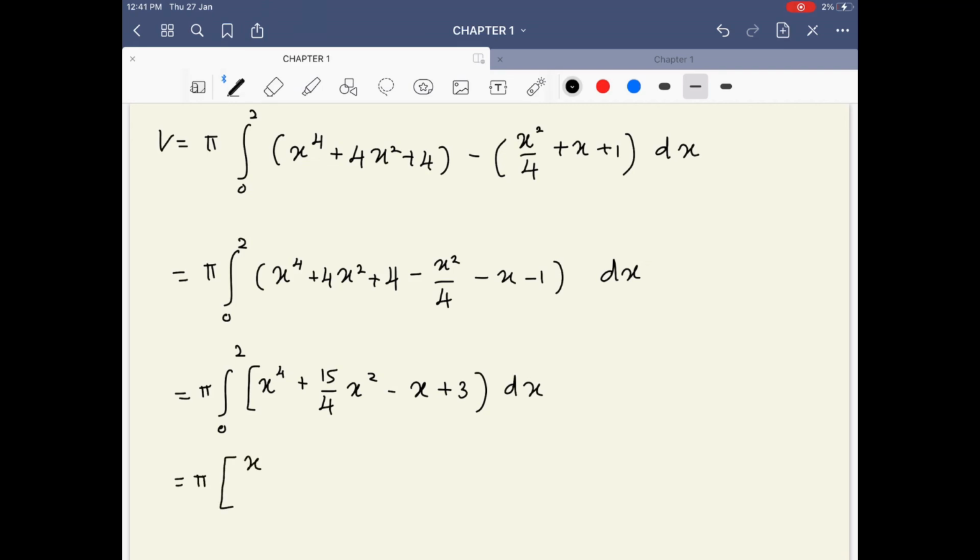And then after that we have pi times x to the power of 5 over 5 plus 15x cubed over 12 minus x squared over 2 plus 3x. And then don't forget the boundaries, which are from 0 to 2.